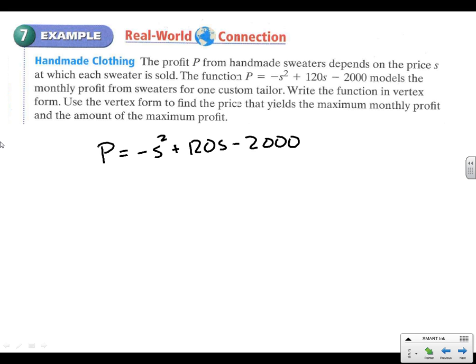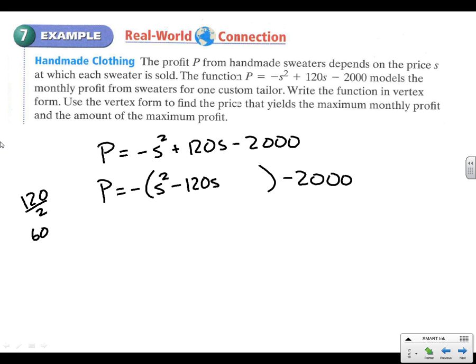All right, so we need to, again, just isolate the s squared and the s part. I'm going to pull a negative out. That changes this to a minus 120s. And we have a space. And then minus 2,000. All right, so what's half of 120? Half of 120 is 60. And what's 60 squared? 36 with 2 zeros. So we'll say plus 3,600.